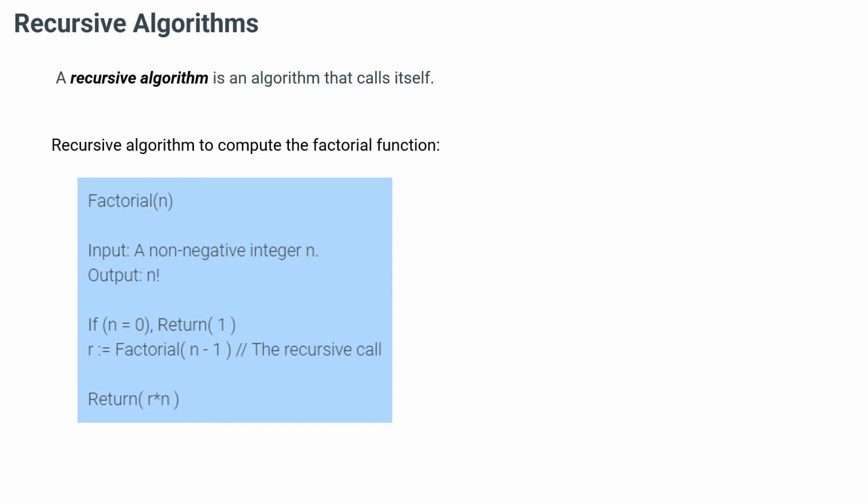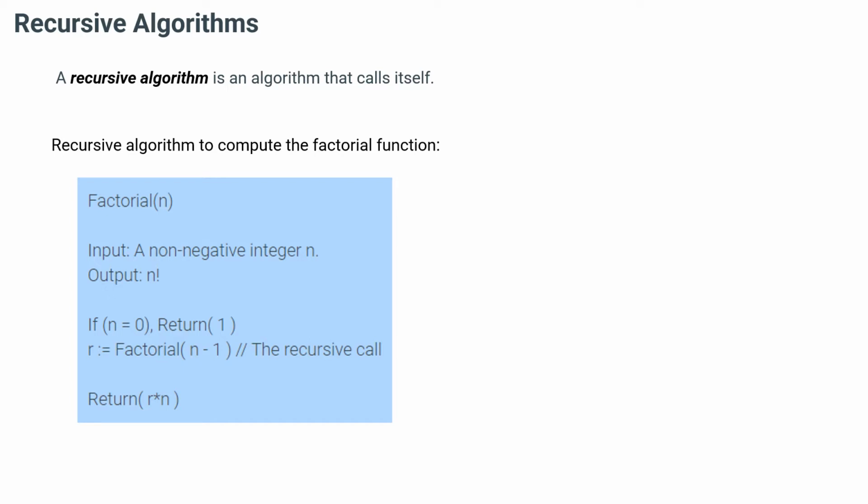Notice that factorial is the name of this entire algorithm. So the algorithm is called factorial, and inside the algorithm, we're calling that algorithm again. We're saying do this for n minus 1 and put whatever you get into r.